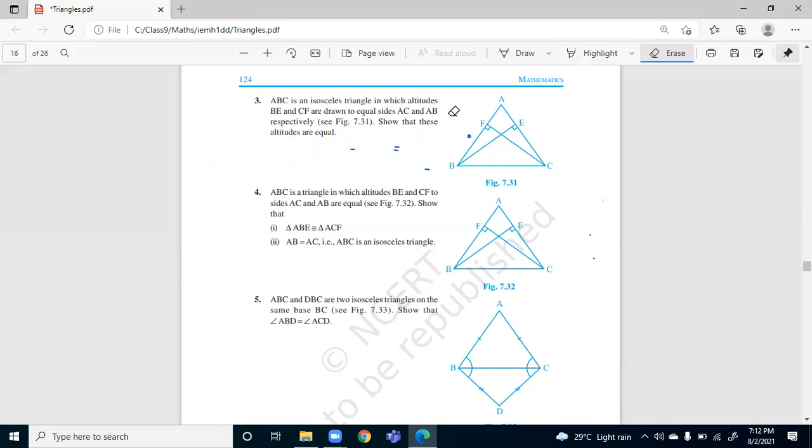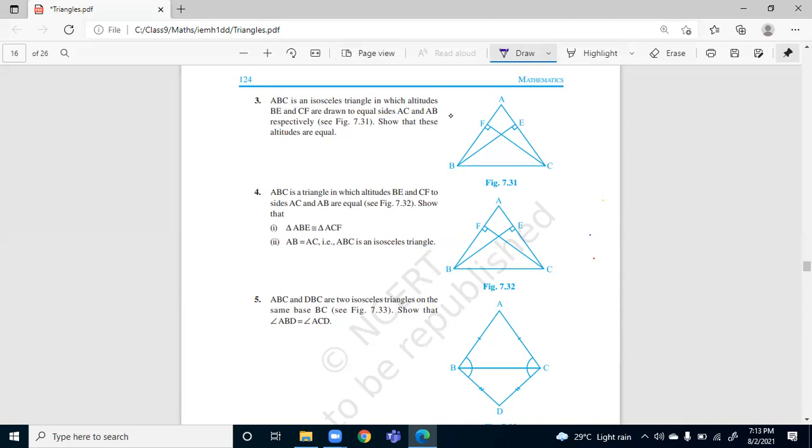If these two triangles are congruent, then I can say by CPCT these two angles are equal. So what does it give me as a hint? It gives me a hint that I have to solve it with the help of congruency of two triangles. And once I prove these two triangles congruent, then I can write by CPCT these two angles are equal.